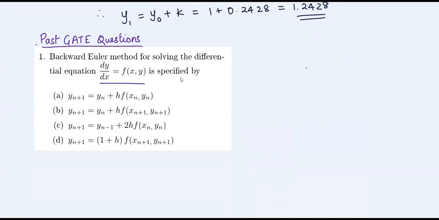This is a differential equation is specified by this step. So yi plus 1 will include, so yi plus h times f of xi plus 1 plus yi plus 1. So this is the solution. This is the Euler's method. This is backward Euler's method.